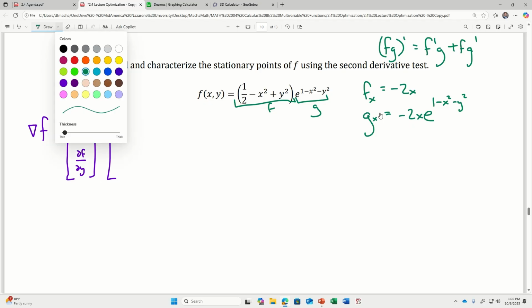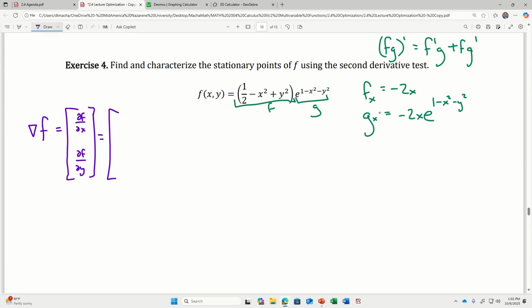Okay. And I'm sorry for being confusing, because I know this function is named f, and whenever I wrote down my product rule, I used a little f, but those aren't the same f's. Those are different f's. So now when I want to write down the partial of f with respect to x, I have to think about my product rule.